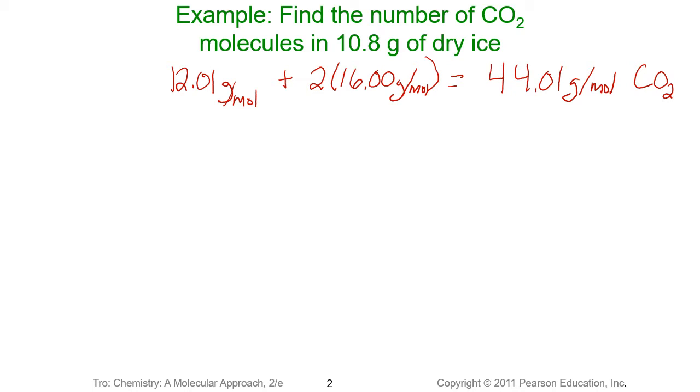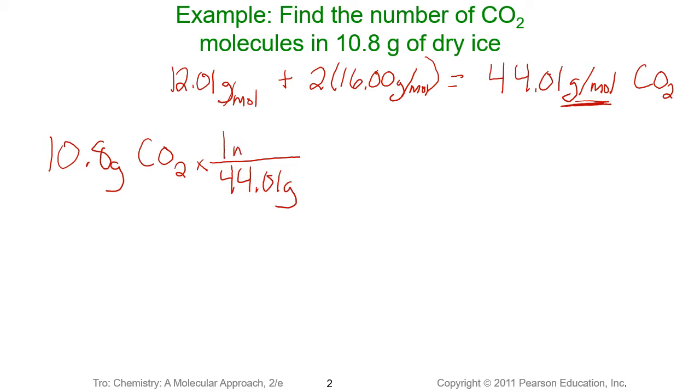Now we can use dimensional analysis. We've got a conversion from grams to moles. We can use our dimensional analysis to solve our problem. We're going to start with our 10.8 grams of CO2. We want to cancel the grams, so we're going to use our molar mass to get from grams to moles. Now if we want to find the number of molecules, we're going to use Avogadro's number.